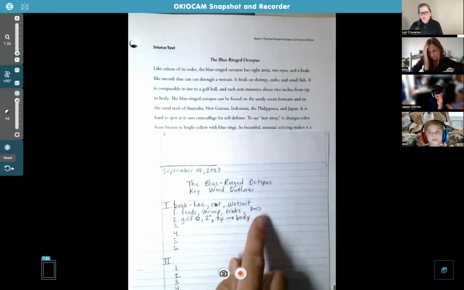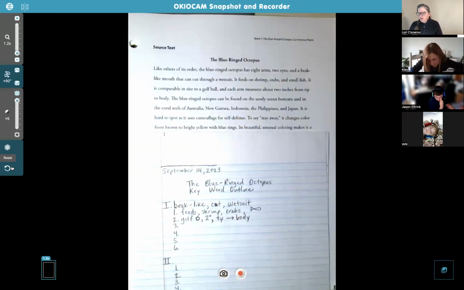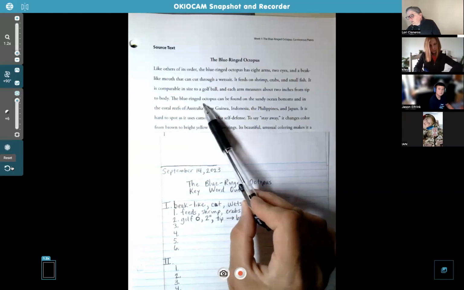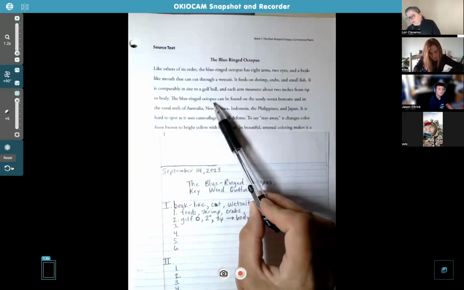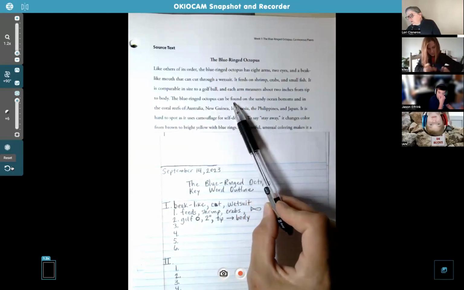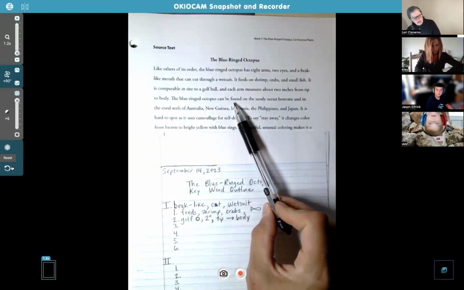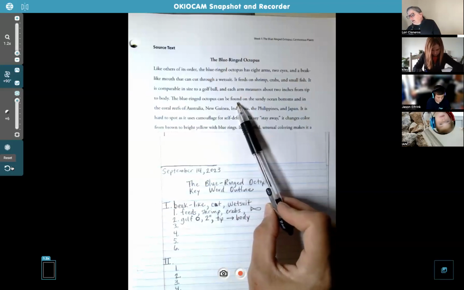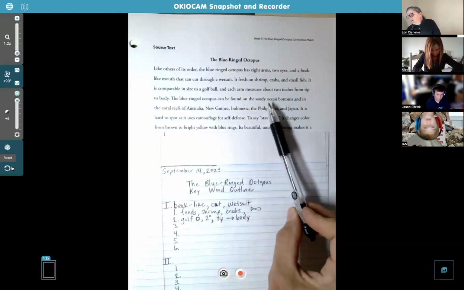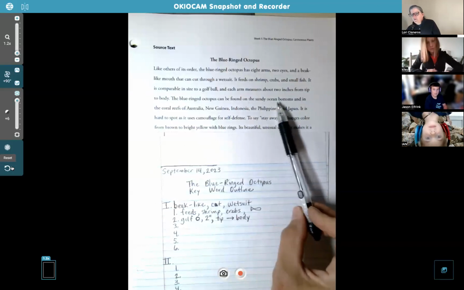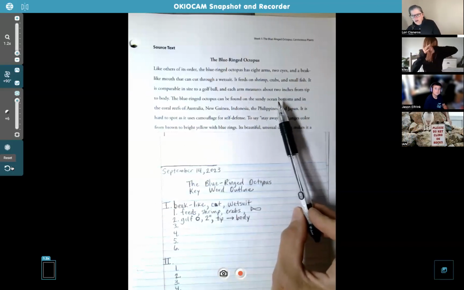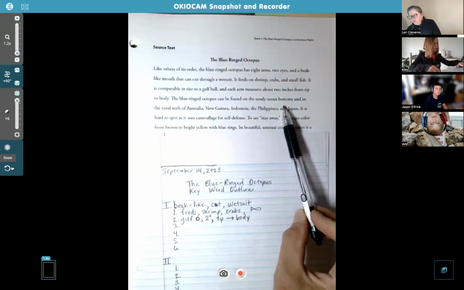We've already done that a little bit here, but looking at that sentence, I know that I don't need to say blue-ringed octopus again because the whole thing is about that. I think that word found is a key word that I need to remember as I go back and look at this outline. And then also sandy ocean bottoms, that's a lot of words. That would take away all my words for my keyword outline.